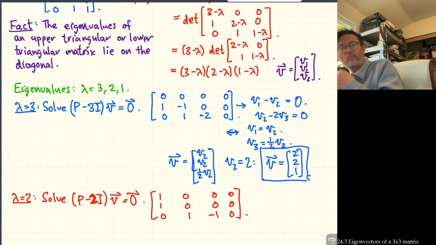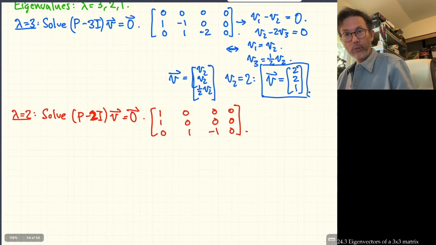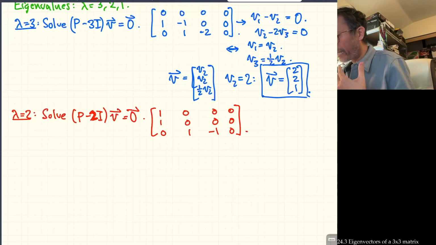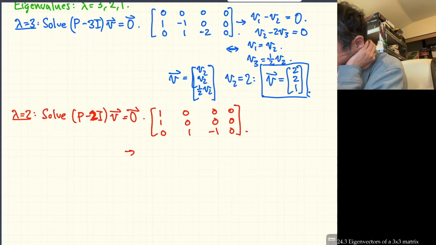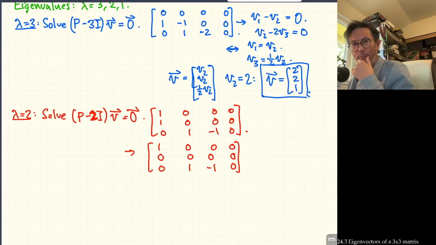Yeah? Now, of course, what I can do is maybe add negative 1 times row 1 to row 2 to kill that second row. And I'm not too concerned, but this is what I end up with.